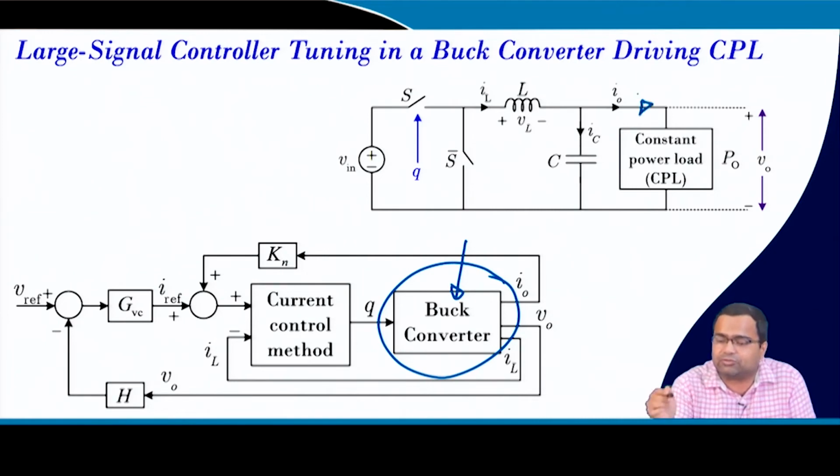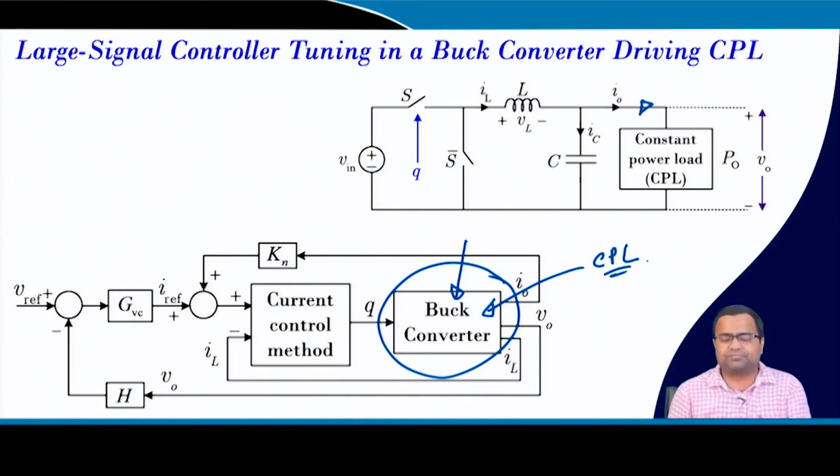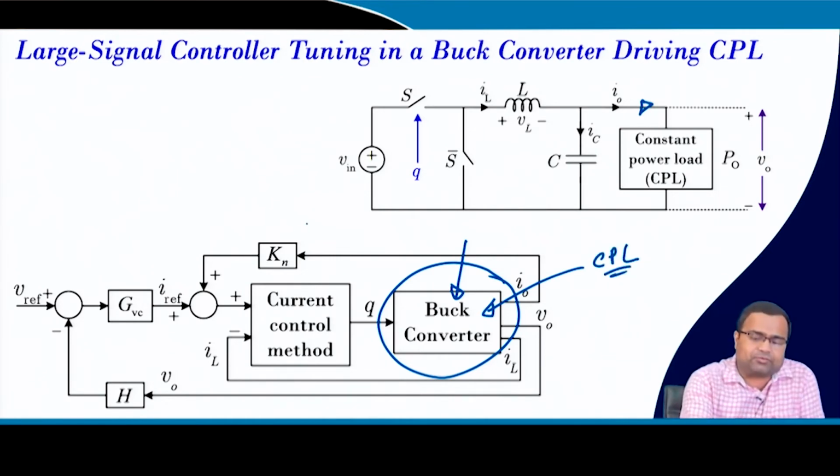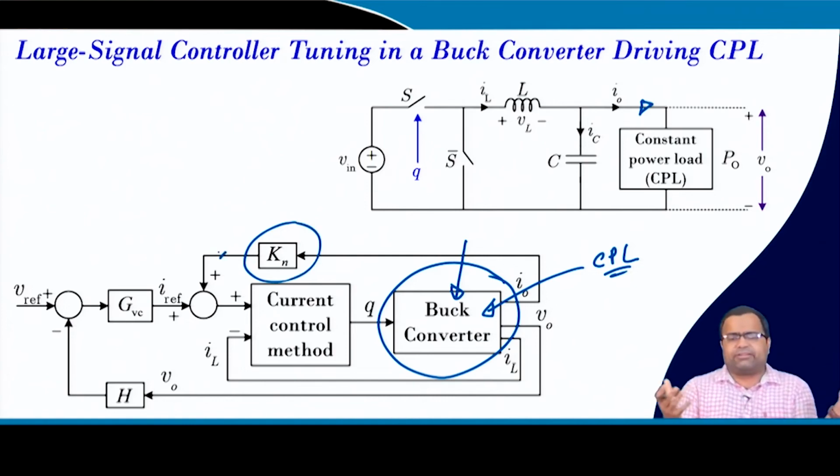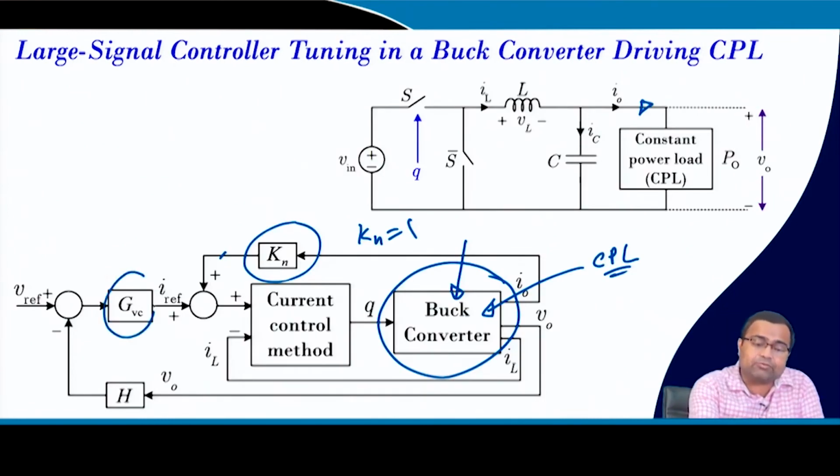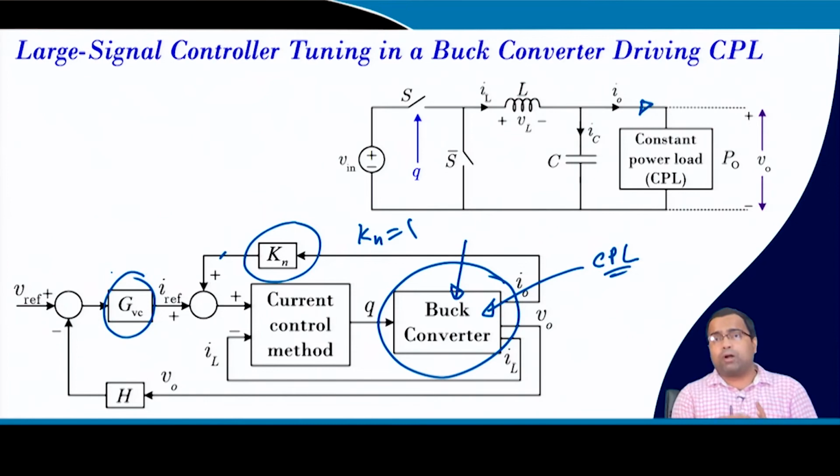Here the CPL is there. We can use the same method, taking the normalized load current feed forward. In the buck converter, since the average inductor current is the same as the average load current, this Kn will be 1. Okay. So, we can apply and set the tuning rule here, and we want to see what my tuning parameter will be when driving a constant power load.